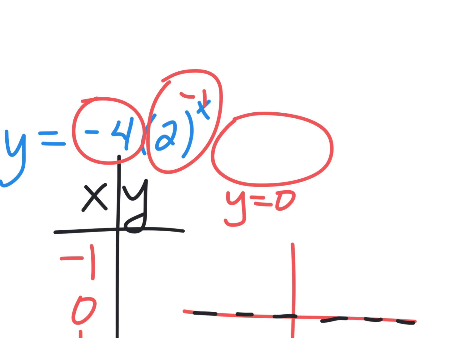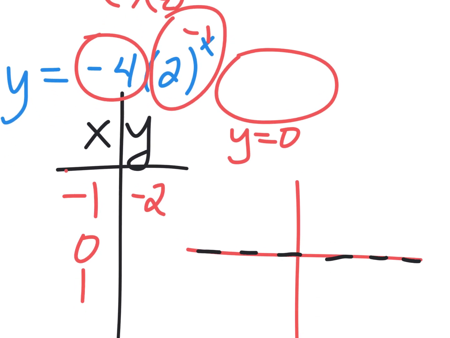Half of 4, and then make it negative. -2. So this was 1/2, and this was a -4. So I got 4 times a half is 2, and then it's negative, so -2. -1 comma -2 is a point.